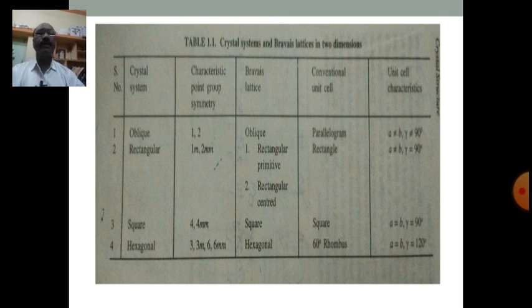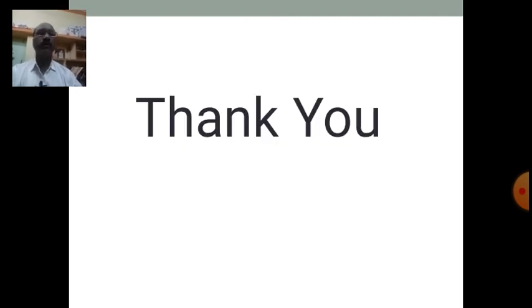So, in this way we come to the end of the video. In today's video we have studied what is meant by point groups and space groups. What is a Bravais lattice. Then we have studied two-dimensional lattices.